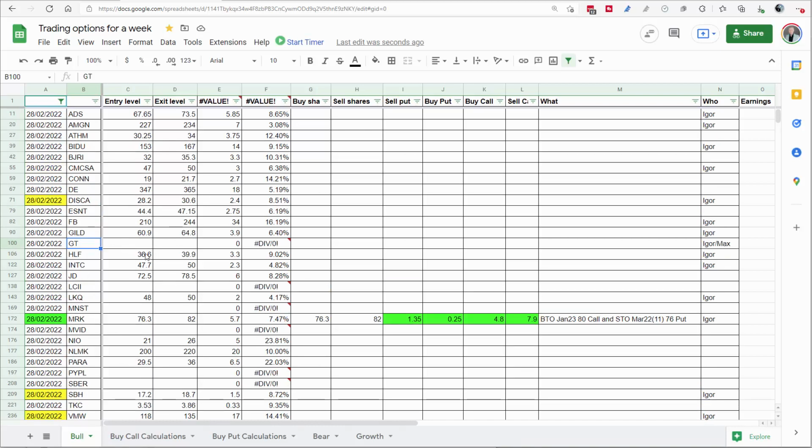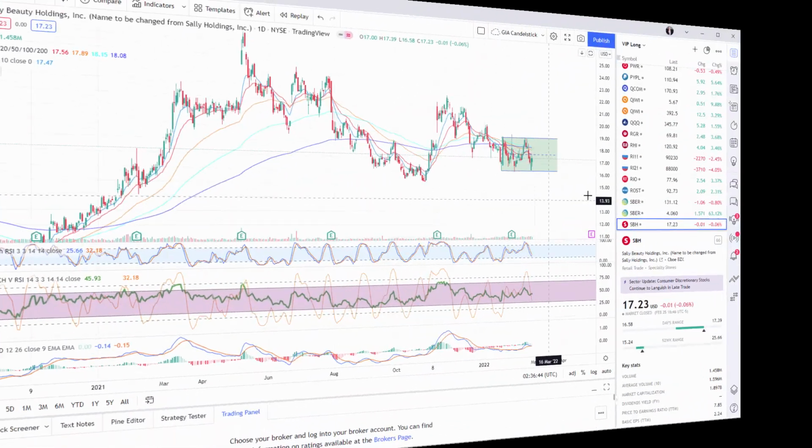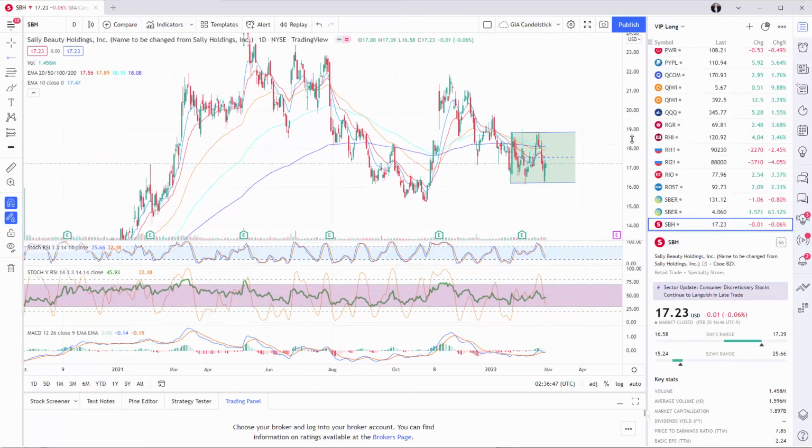Now secondly, I start going and evaluating these companies in more detail. When I like the entry point, for example if we go to SBA, we can see that it looks pretty attractive technically. It was going down, then it broke the downtrend.